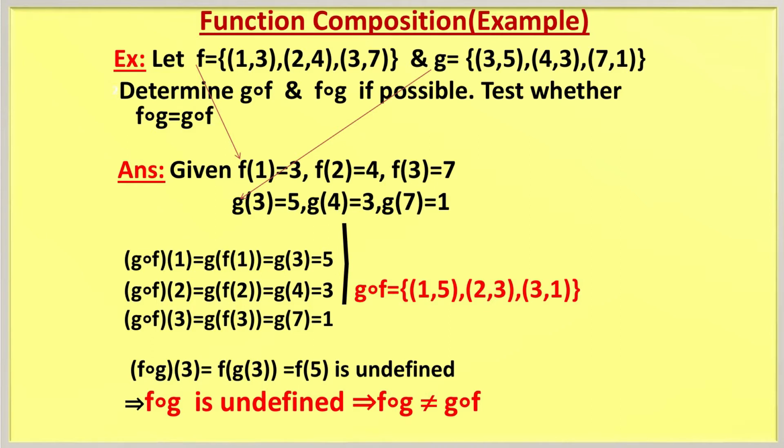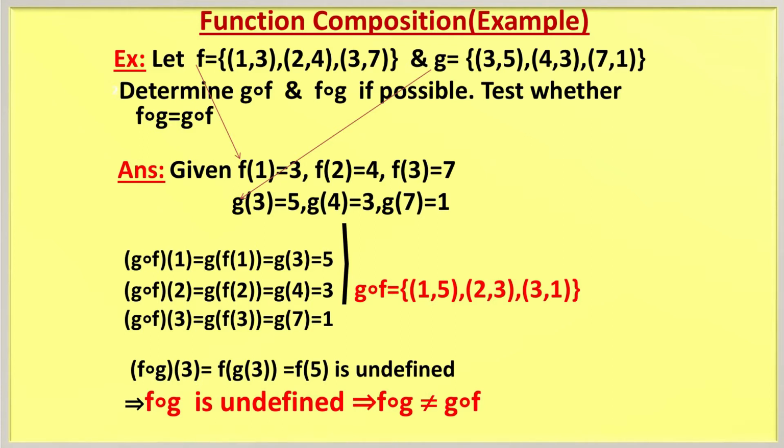Given F is equal to {(1, 3), (2, 4), (3, 7)}, that means F contains the ordered pair (1, 3), so F(1) is equal to 3; it contains (2, 4), so F(2) is equal to 4; F contains (3, 7), so F(3) is equal to 7. Similarly, G(3) is 5, G(4) is equal to 3, G(7) is equal to 1. Next, by definition (g∘f)(1) will be g of F(1).